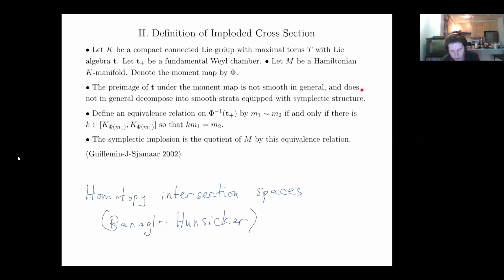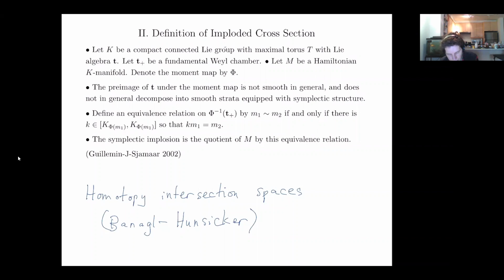doesn't decompose into smooth strata equipped with symplectic structure. That's the purpose of defining the imploded cross-section. This definition was made in a paper by myself together with Guillemin and Sjamaar.